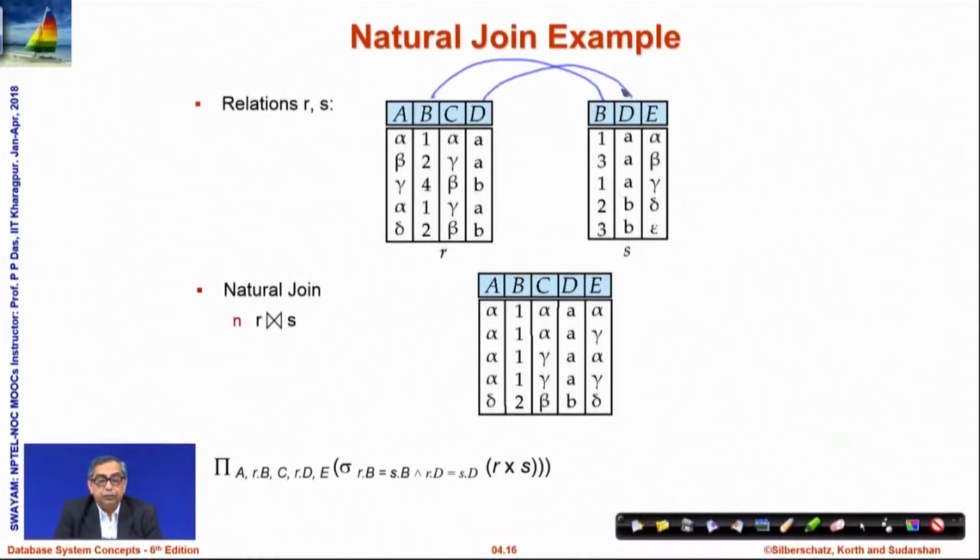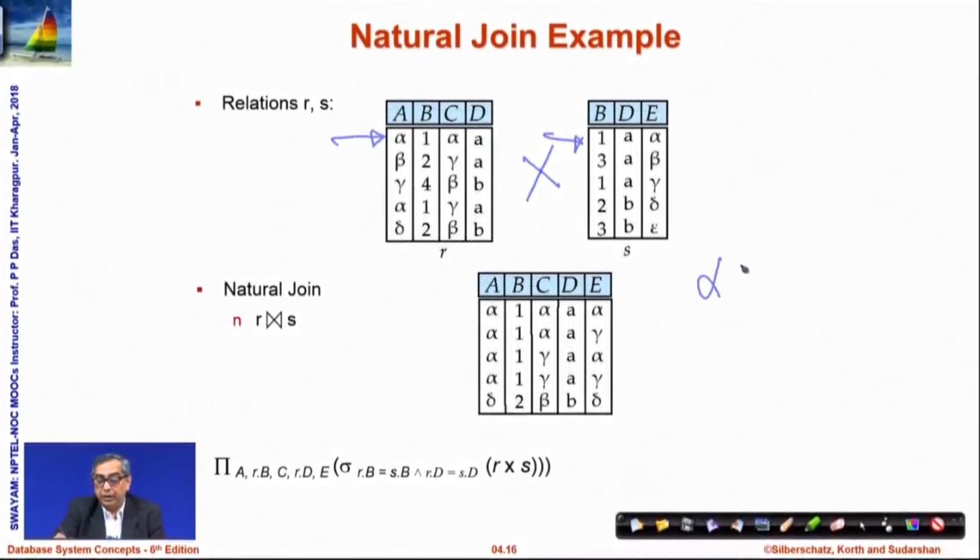What it tries to do is make a Cartesian product of these two tables first, take all possible combinations, but then select only those rows where the values are identical between columns having the same name. So, for example, if you look at this row and this row, what will happen in the Cartesian product?